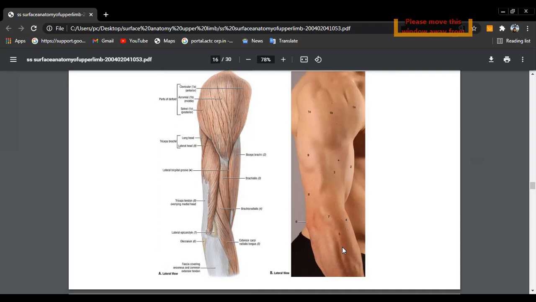Below brachioradialis, we have extensor carpi radialis longus. Here we have a fascia which covers the anconeus muscle and also the common extensor tendons. You can pause the video and compare the labeled dissected picture with the surface anatomy picture so that you can palpate in your own body.